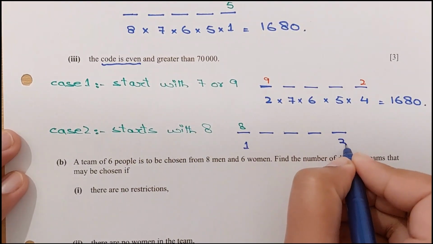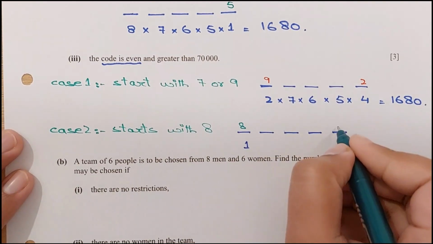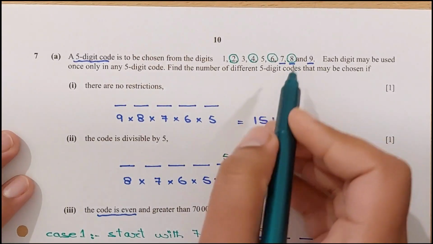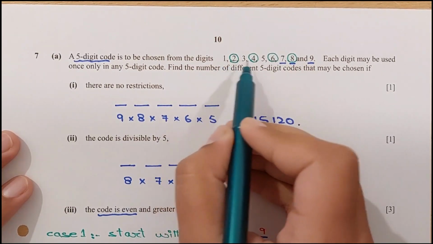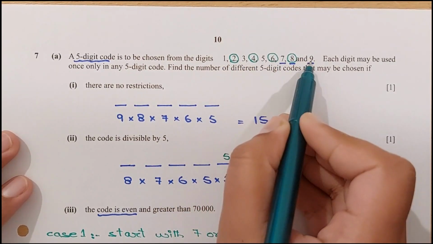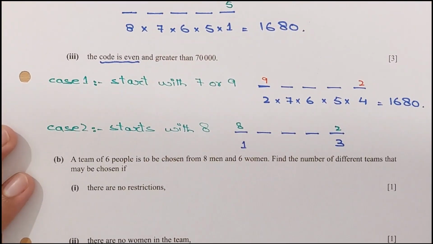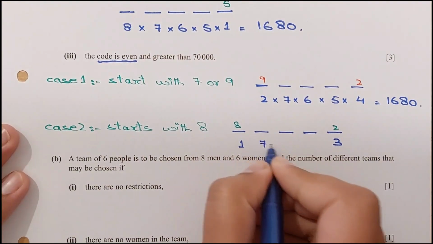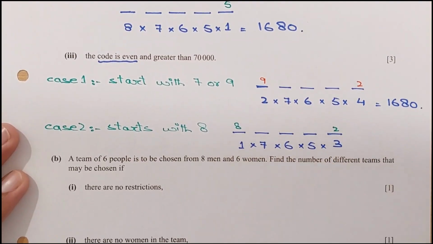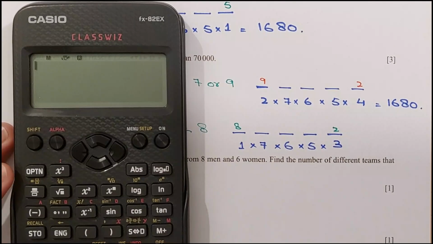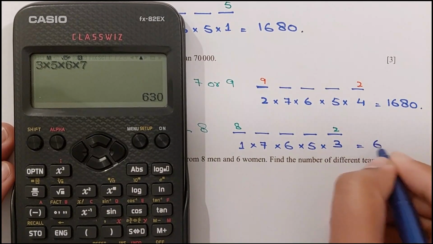So we have 3 options for the last digit. Say we use 2. So we have used 2 and 8. How many are left? 7 options are left, and then 6 and then 5. Let me simplify: 3 times 5 times 6 times 7 is 630.